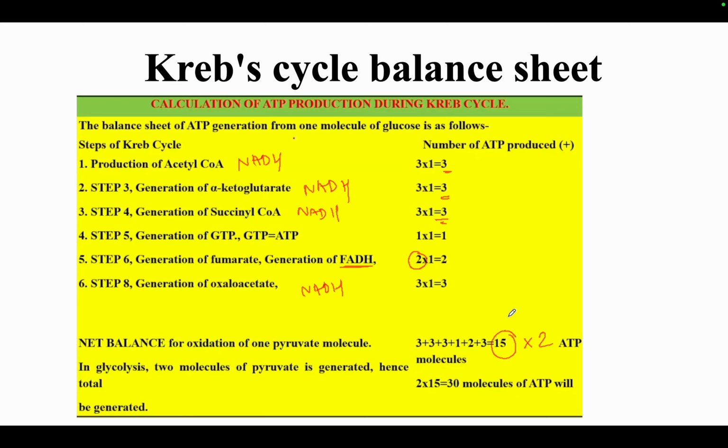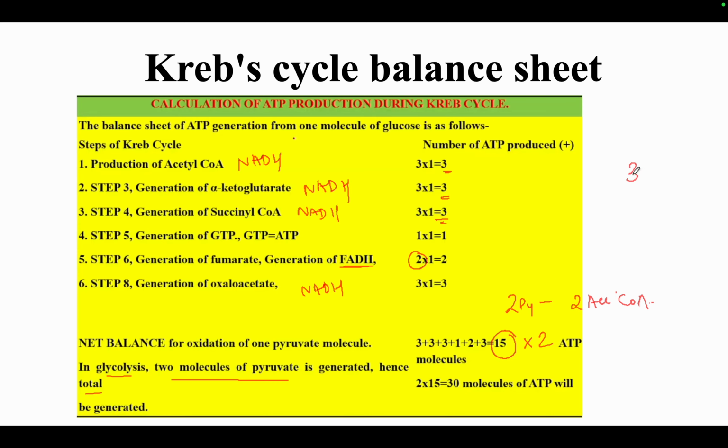Why? Because we get 2 pyruvate, then we'll get 2 acetyl CoA, so we have to multiply this by 2. In glycolysis 2 molecules of pyruvate are generated, and hence we have to multiply by 2. So a total of 30 molecules of ATP will be generated from the Krebs cycle.